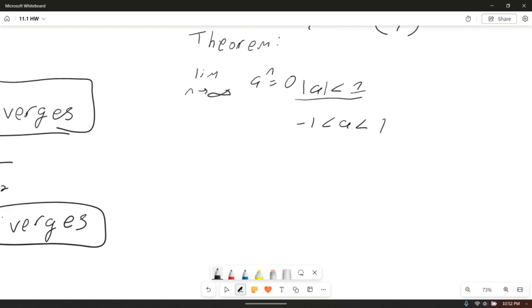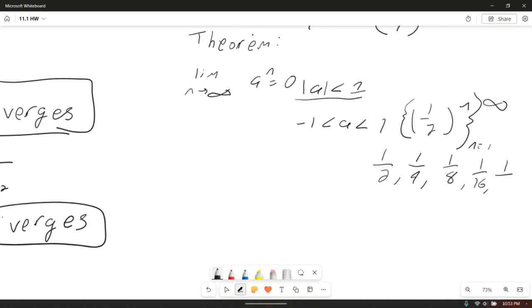But for any fraction, say we have 1/2 to the n power. If this is our sequence, then at n equals 1, this would be half. At n equals 2, this would be 1/4, 1/8, 1/16, 1 over 32.